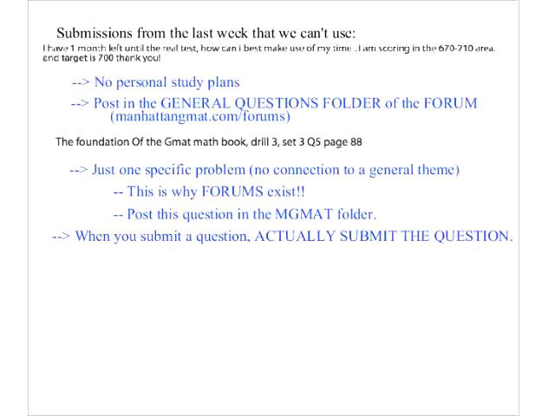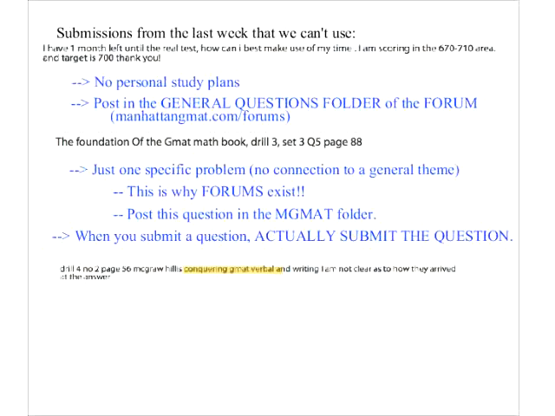And then probably the most questionable submission that we've had in the last couple of weeks was this. Someone wrote, drill number 4 on number 2, page 56 of McGraw-Hill's Conquering GMAT Verbal. I don't know what's going on here, but whoever submitted this must assume that we have all of these books.